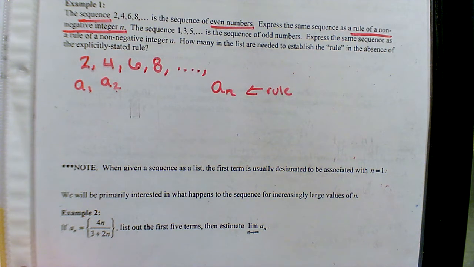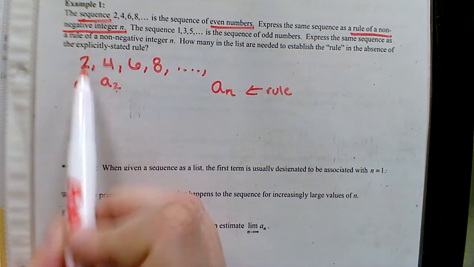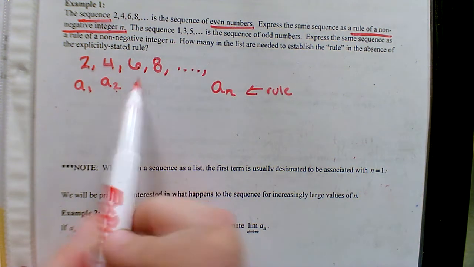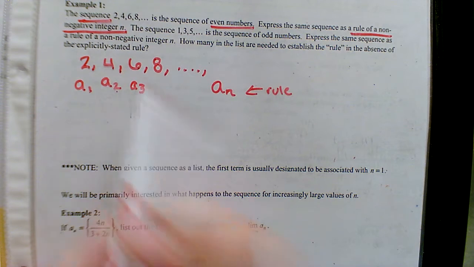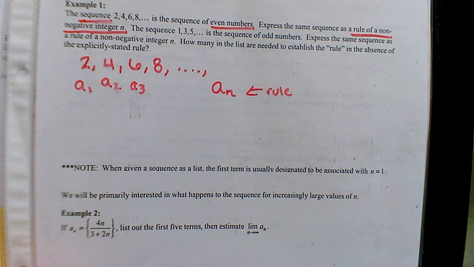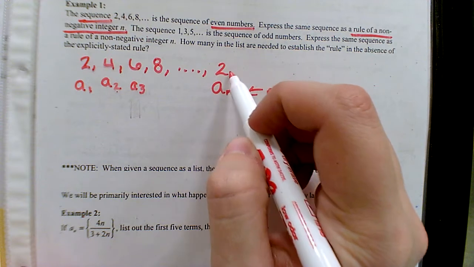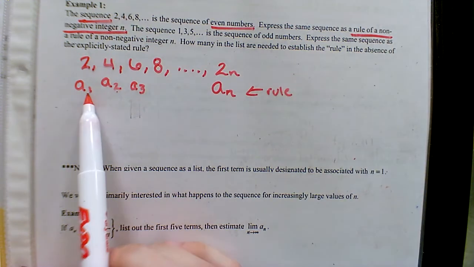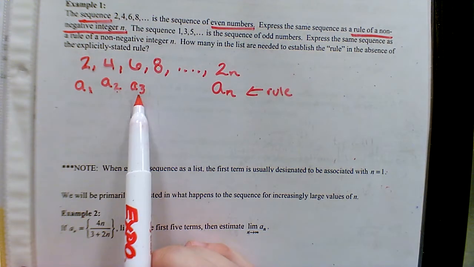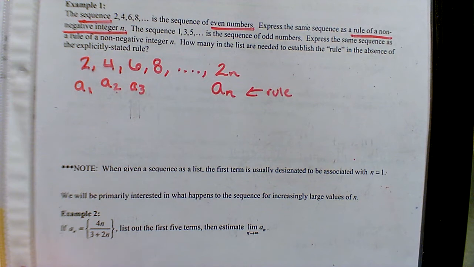Can you think of it? What can you do to 1 to get 2? What can you do to 2 to get 4? What can you do to 3 to get 6? The same rule over and over. Multiply by 2, right? So the rule would be 2n. Whatever term in the sequence you're looking for, you just multiply it by 2 and boom, that's your number.